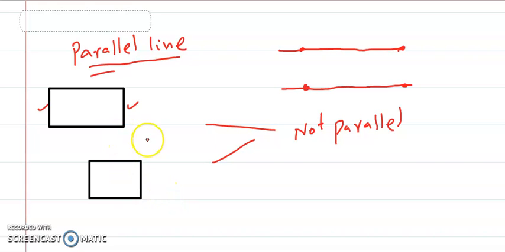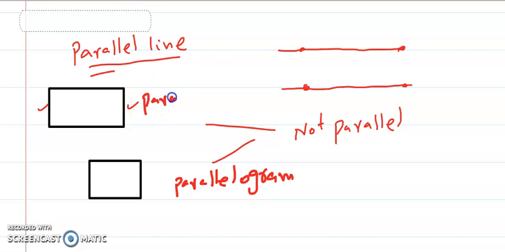So we can say the square is also a parallelogram because the opposite sides in this are parallel. A rectangle is also a parallelogram because the opposite sides are parallel and will never cross each other.